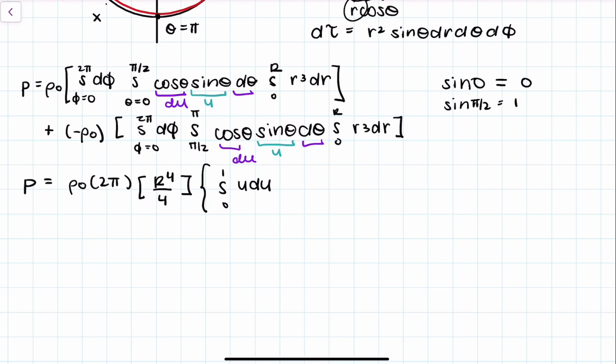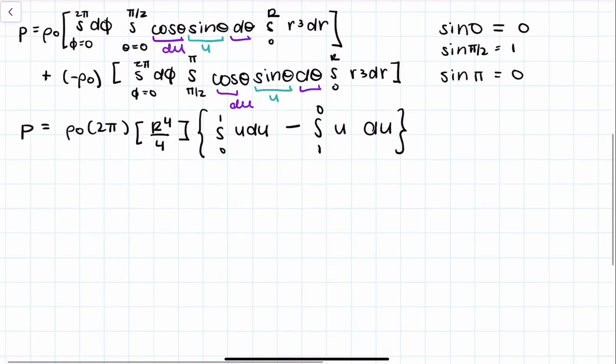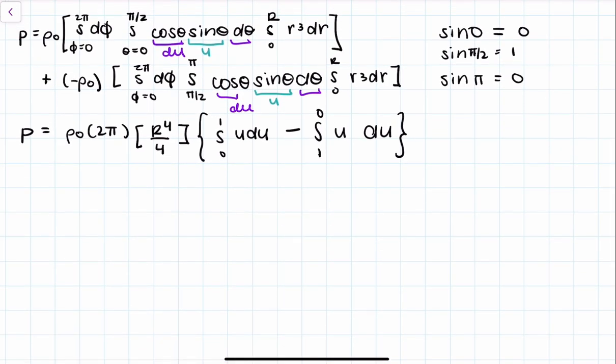And then we have the negative from the negative charge density. So it's just minus, but now the bounds would be, we still have sine of pi over 2 is 1, but then sine of pi would just equal 0. So now we're going from 1 to 0, and if we switch the limits of integration, we just change the sign.